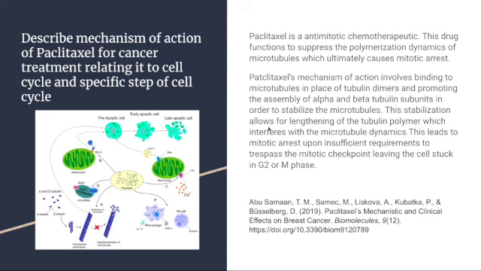This stabilization allows for lengthening of the tubulin polymer, which interferes with the microtubule dynamics. This ultimately leads to mitotic arrest upon insufficient requirements to pass the mitotic checkpoint, leaving the cell stuck in the G2 or M phase.